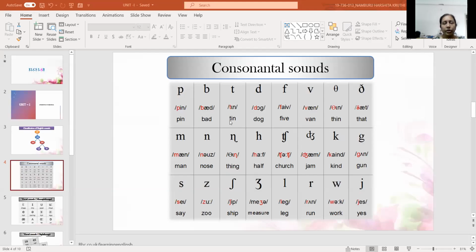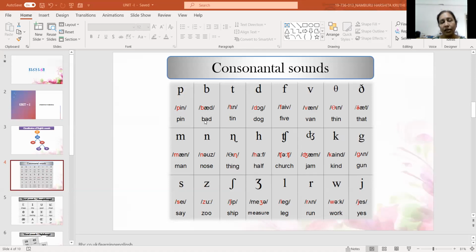Here you might get confused that we've taken the example of the sound, the letter P, and here the symbol for the sound P appears just like P, but you need not get confused at all, because the word pin appears in standard lines.